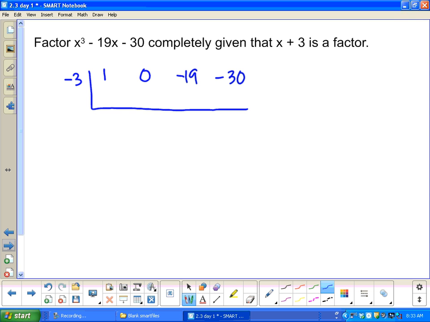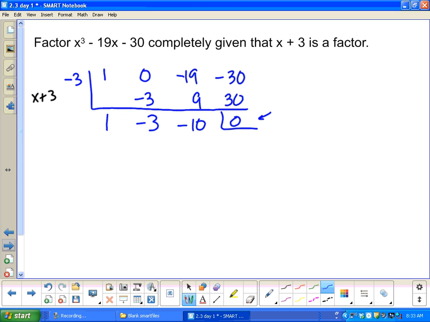Again, I put the 0 in because the x squared term is missing. Bring it down. Multiply. Add. Multiply. Add. Multiply. Add. Okay, so x plus 3 is a factor. It told me it was, therefore my remainder better be 0.